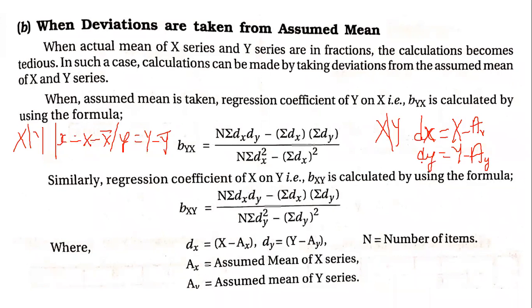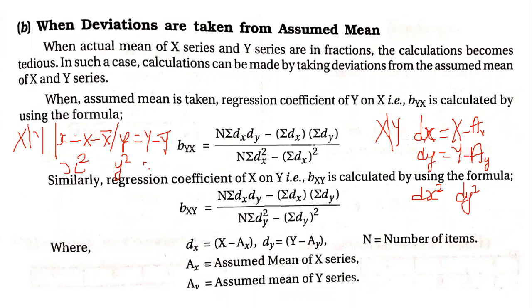So here they are called dx and dy. And after this, you are going to calculate small x square and small y square. But for the same small x and small y, we call it dx and dy here. So you will calculate dx square and dy square.